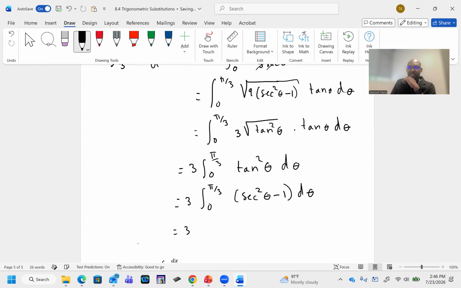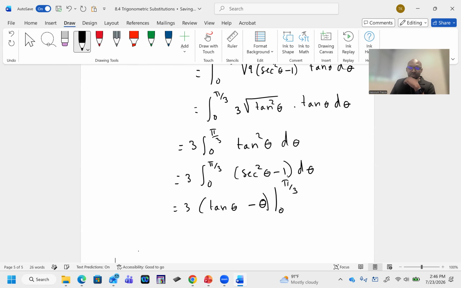So I will have 3 parentheses tangent theta. The antiderivative of 1 will be minus theta in this case, from 0 to pi over 3. Now we substitute. First thing, you have to substitute pi over 3. So if you substitute pi over 3, we'll have 3 times tangent of pi over 3 minus pi over 3.